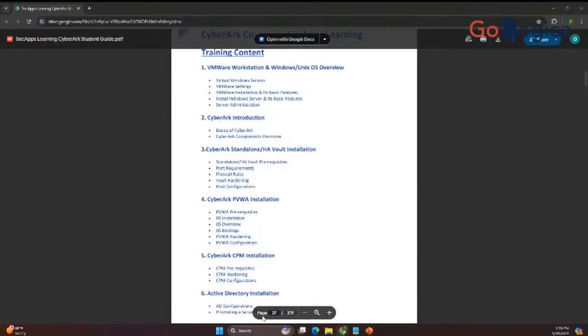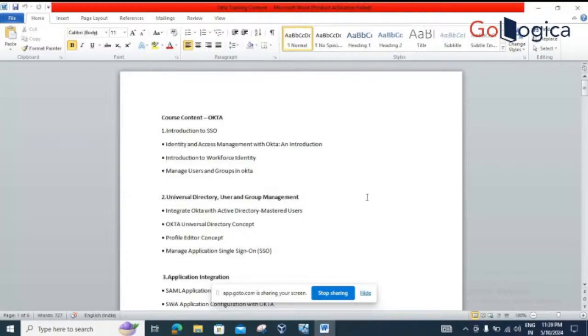I am not supposed to tell my students, even if I am not following the exact format given by any institution. If I am talking about the content, it starts with the introduction to SSO, then the identity introduction: what you mean by workforce identity, what you mean by managers and groups.